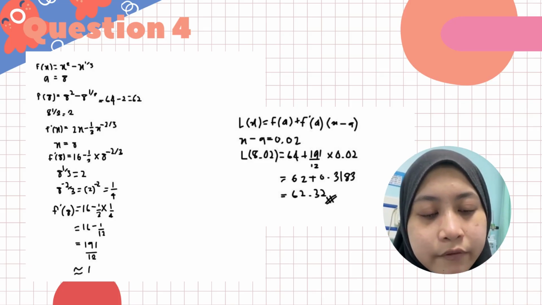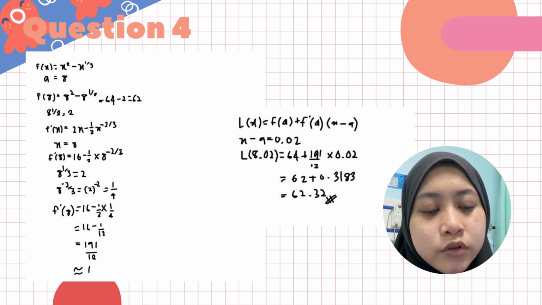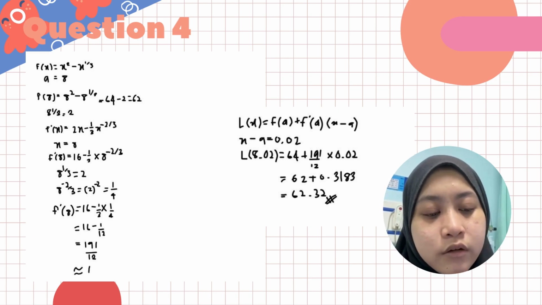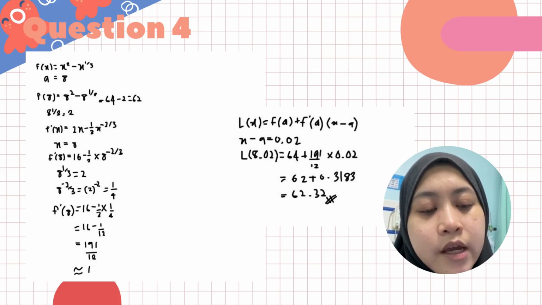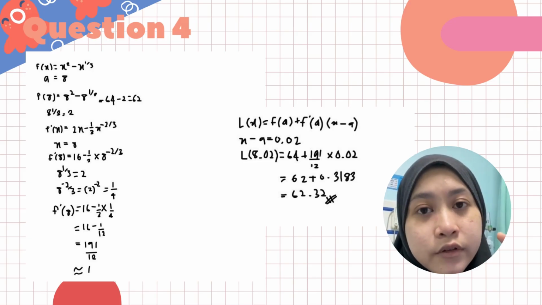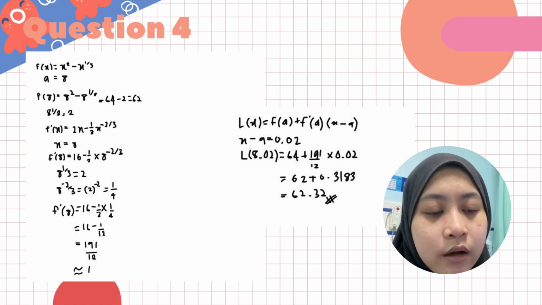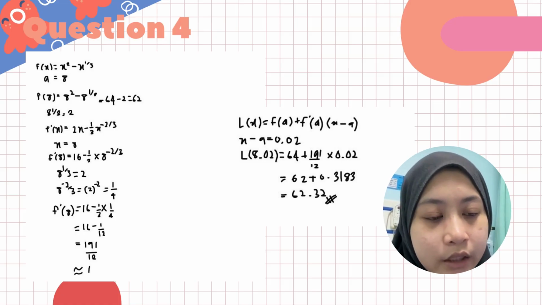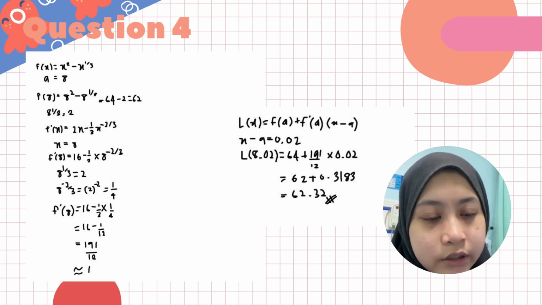So f prime(x) equals 2x minus 1 over 3 x to the power of negative 2 over 3. So we have x equals 8. For the f prime, we substitute x with 8. So we have 16 minus 1 over 3 times 8 to the power of negative 2 over 3.